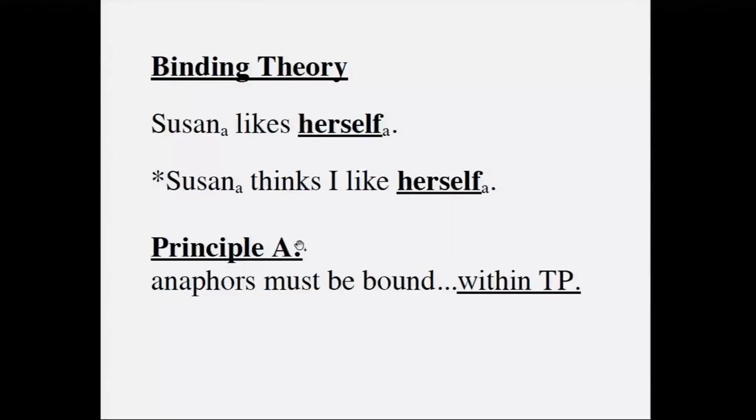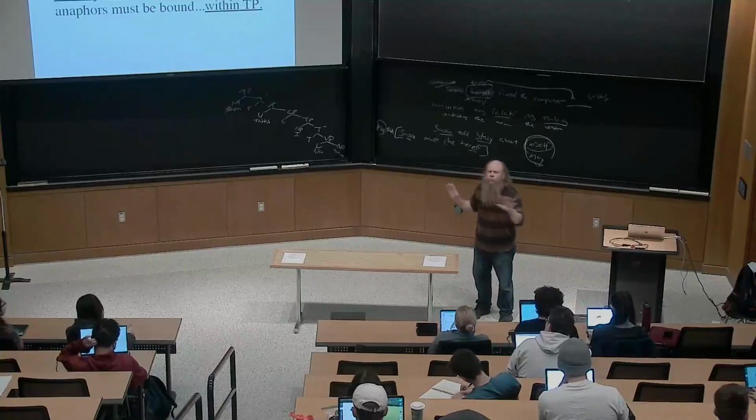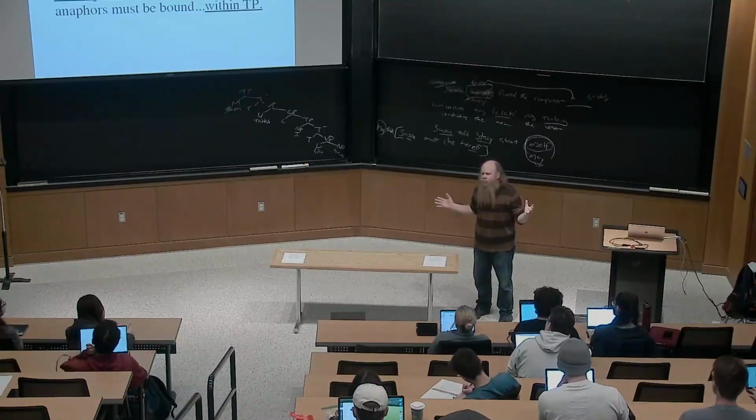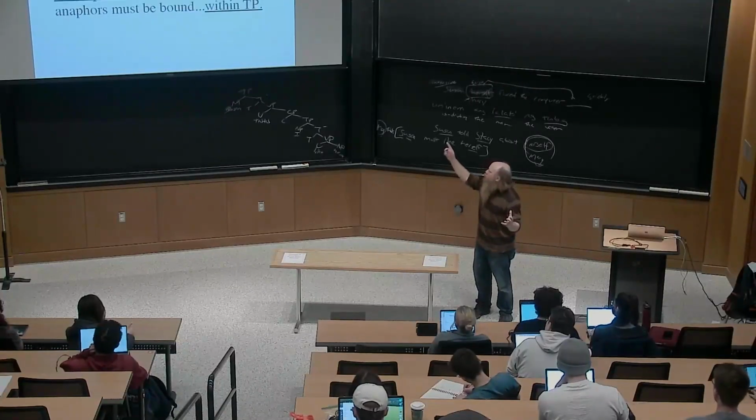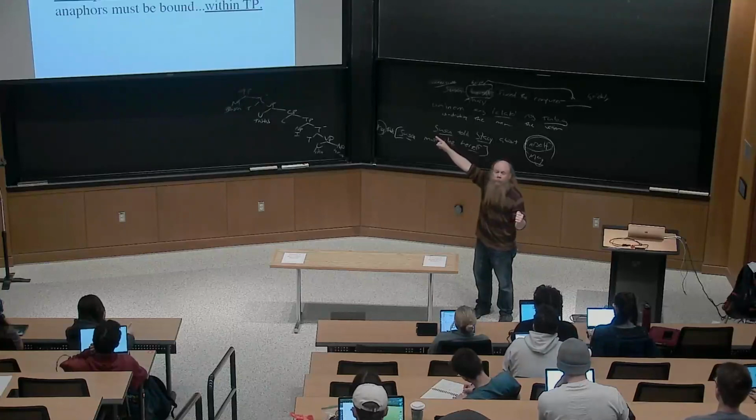There's a principle, it's called principle A. You can think of A as standing for anaphor. It says anaphors must be bound within TP. If this were intro syntax, we would now spend weeks, possibly months, trying to figure out what the real locality requirement is, because it's more complicated than that. But that's close.